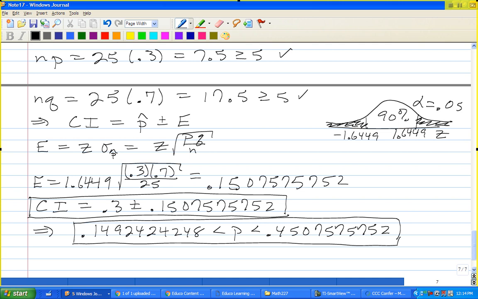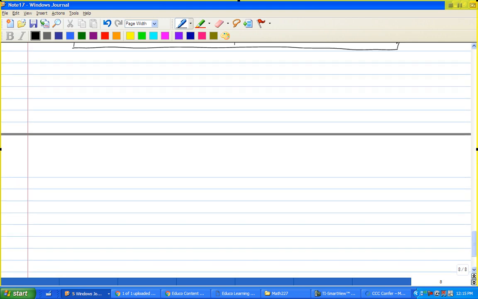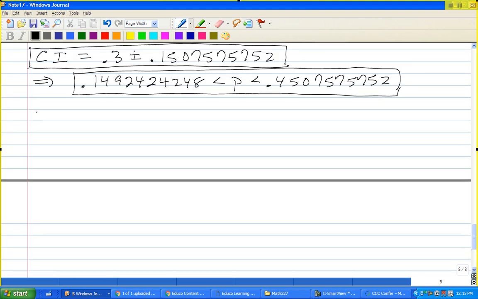Okay, so let's do this without the normal approximation. So we can sort of check. So let's do this example. N is 25. The sample proportion is 0.3.